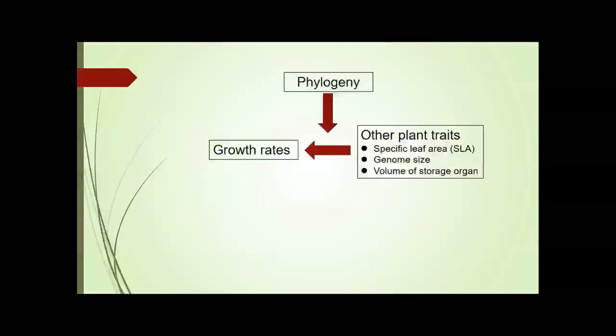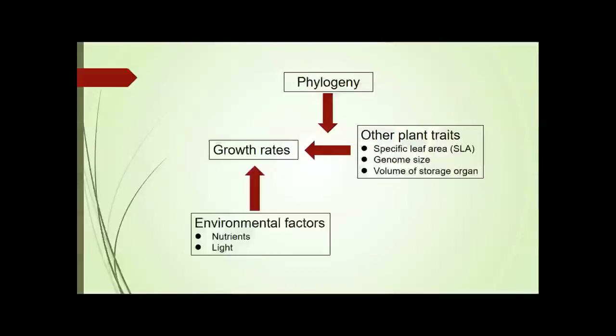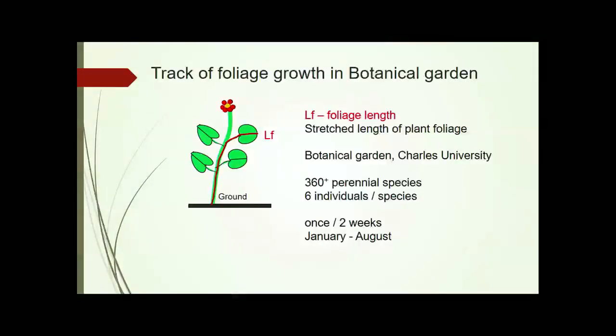And if we consider the phylogenetic information, whether their relationship will change. Also, whether the environmental conditions will have an impact on growth rate or not, whether they have a direct impact or an indirect impact through other traits.